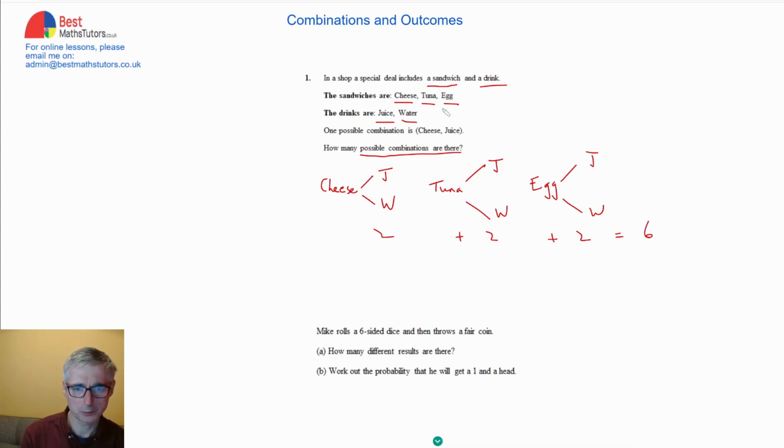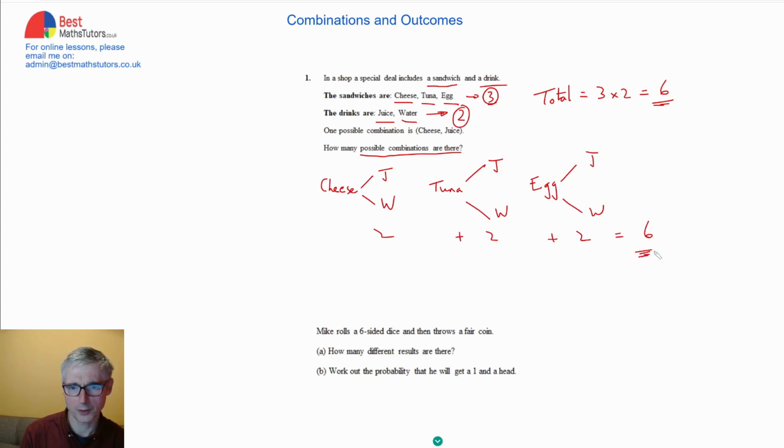We can see there's probably a quicker way of working this out. We've got 3 options here and 2 options here, and for each of these 3 options we've got 2 choices. So we could get the total just by multiplying the 3 by the 2, and that gives us 6 as before.